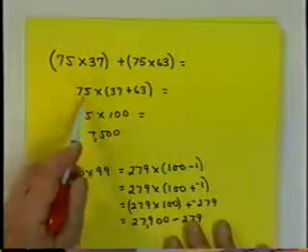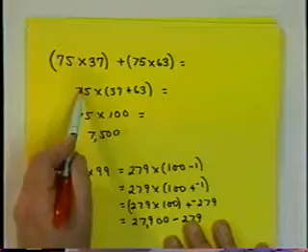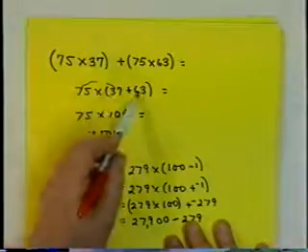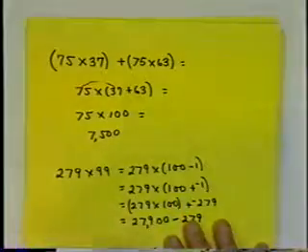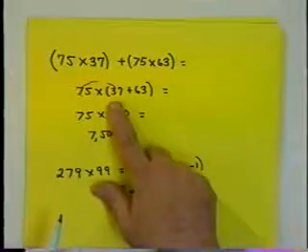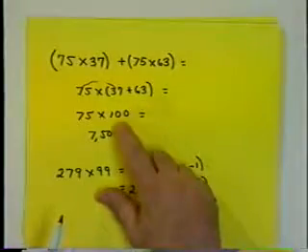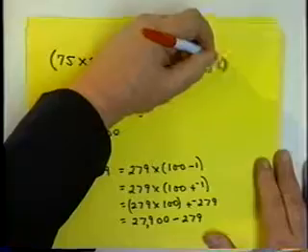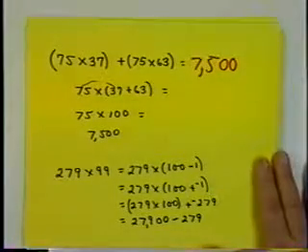In other words, notice the distributive property over here. The 75 multiplies the 37 to give you this. The 75 multiplies the 63 to give you this. By taking out the 75, do you see what's left in the parentheses? 37 plus 63, which is 100. 75 times 100 is 7,500. Look how fast you can do that problem.